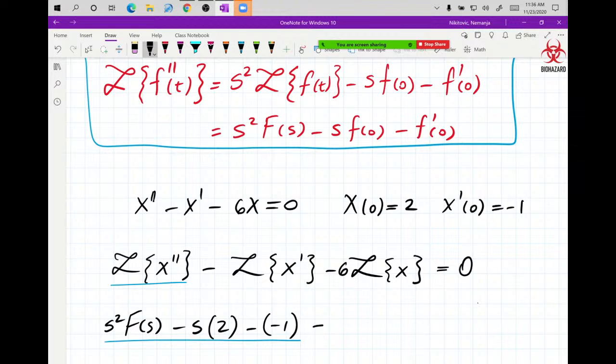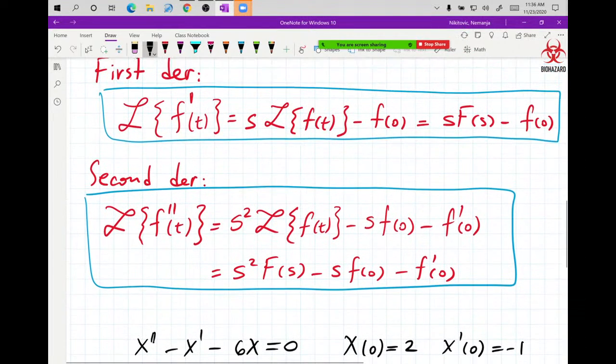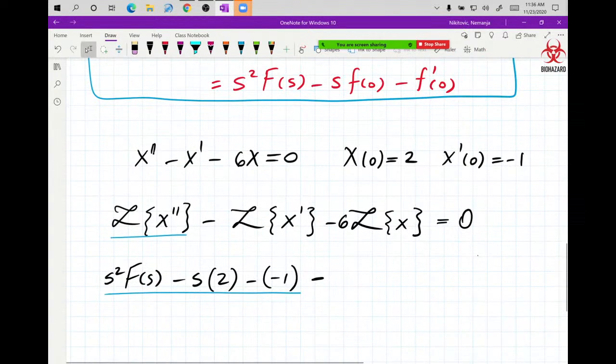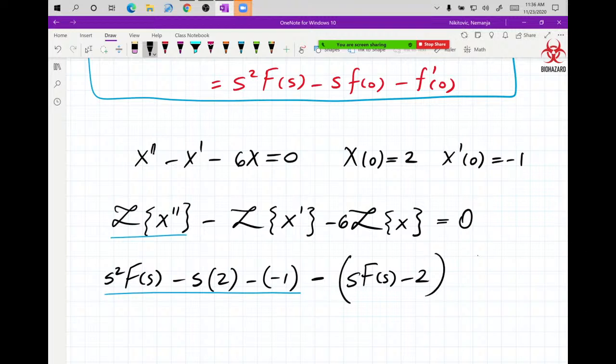Then we have minus Laplace of the first derivative, which is this mess. So that's s F(s) minus 2, and that is going to be my orange. And then I have minus 6 F(s). Let's call that one green. Everything equal to 0.